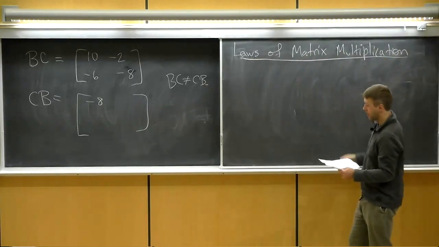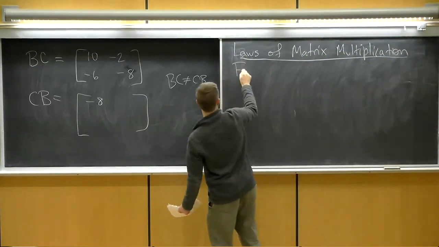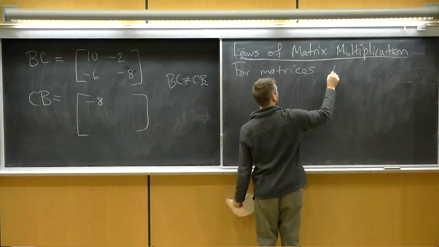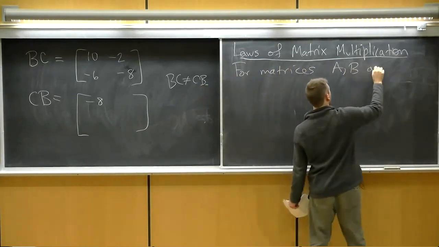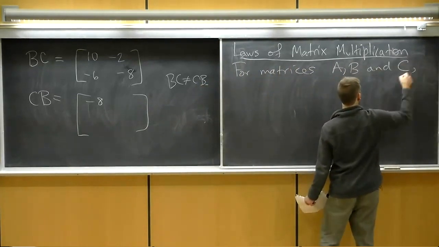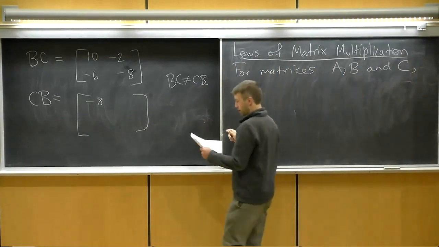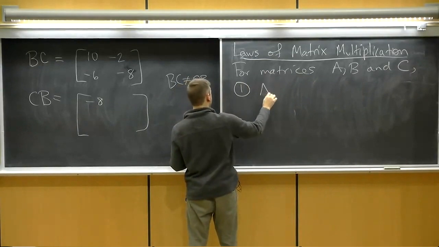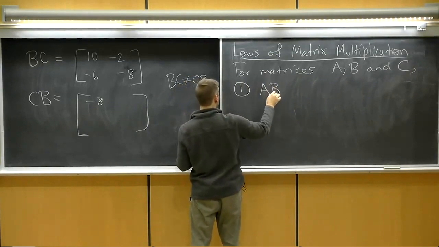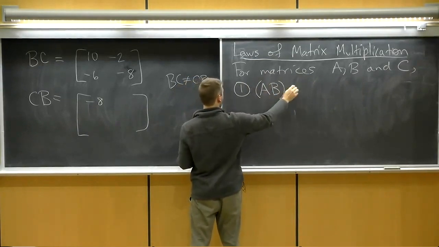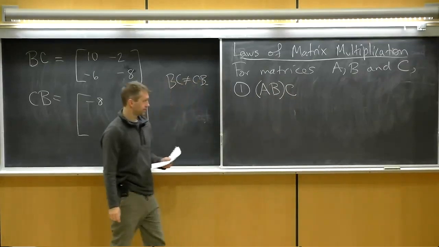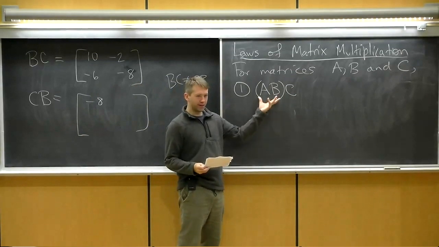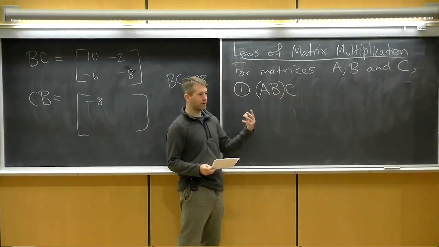Okay, so for any matrices A, B, and C, the first law is that if I take A times B times C, assuming this product makes sense, right?